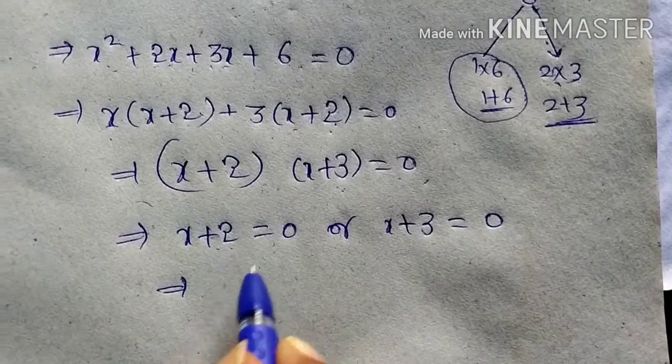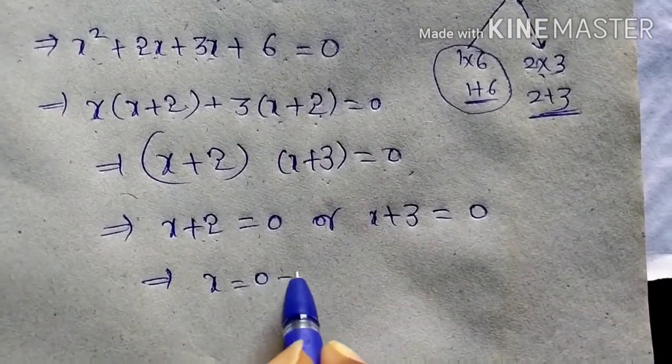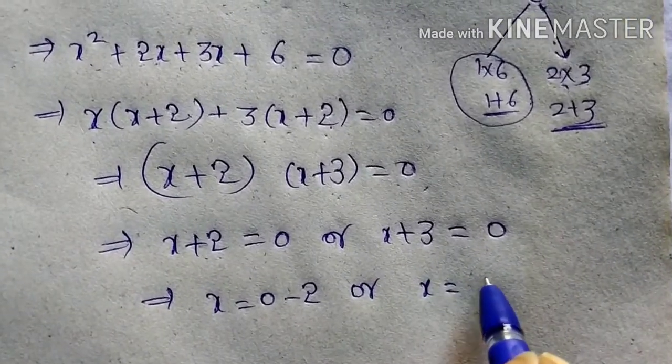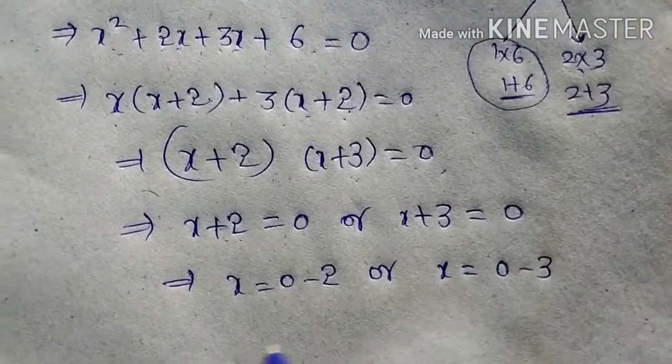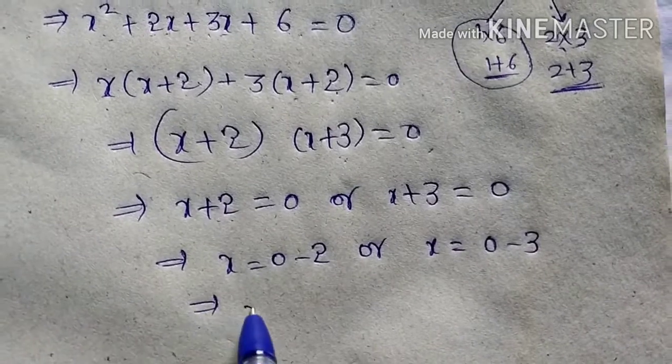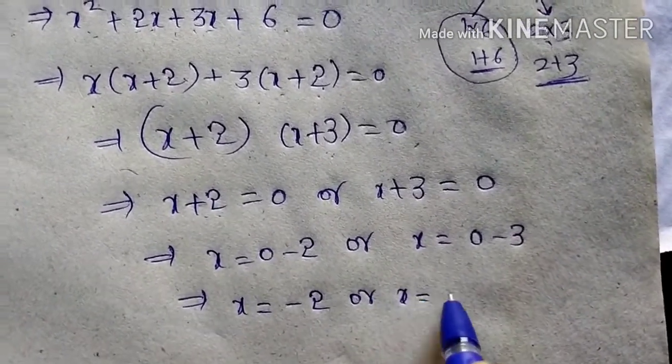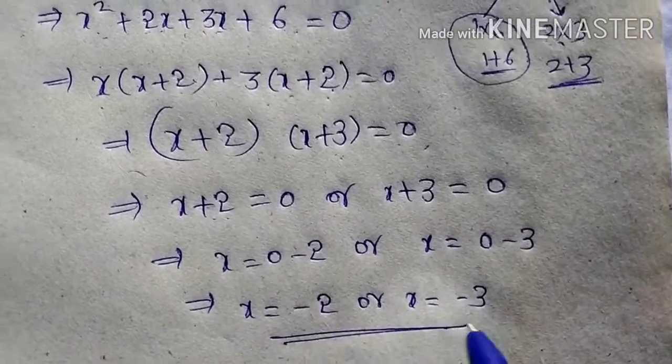Just transpose 2 to the RHS. x is equal to 0 minus 2 or x is equal to 0 minus 3. That means x is equal to minus 2 or x is equal to minus 3. These are the solutions.